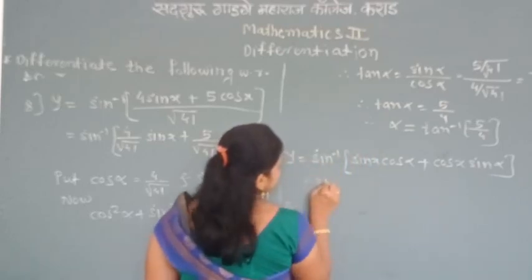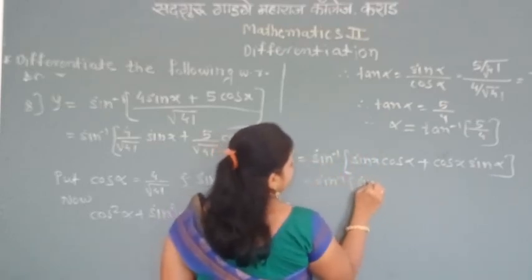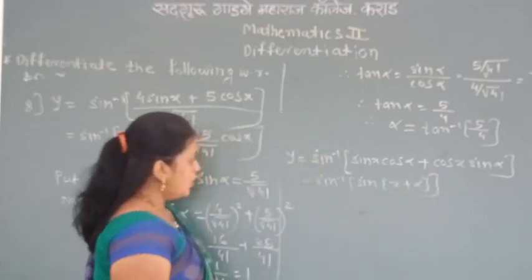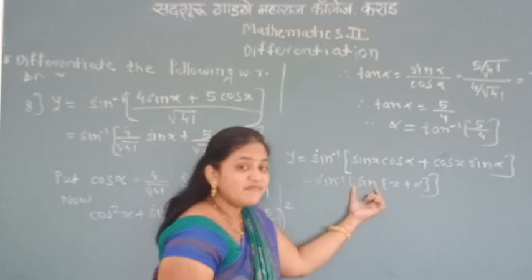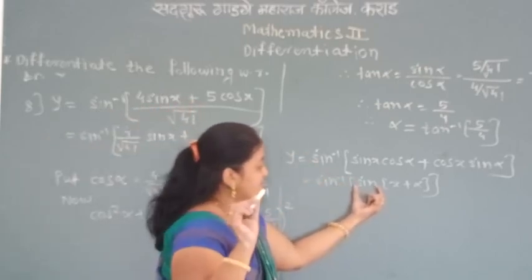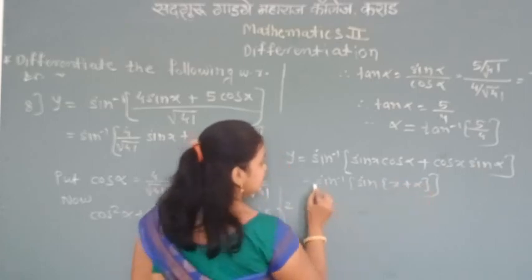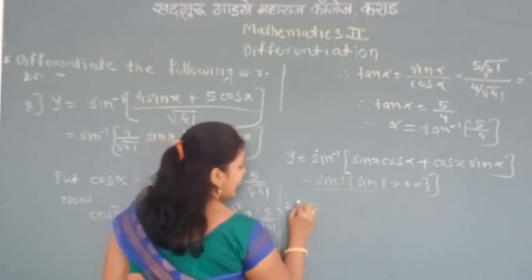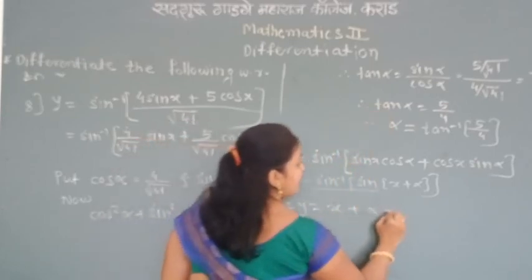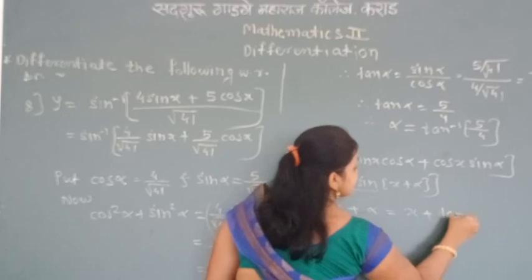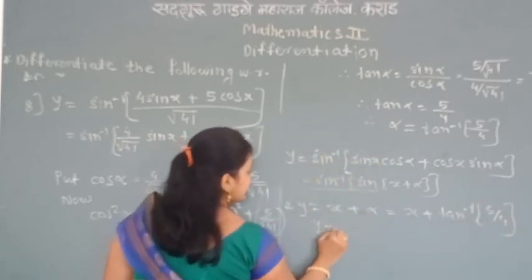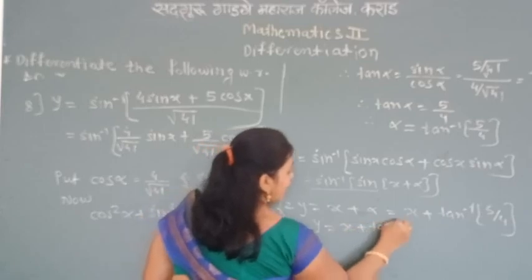So this implies sin inverse of sin (A plus B). So it is easy to convert in terms of sin. This term we can convert into sin by using the formula of sin (A plus B). Now this is the identity, so we can write only the angle, which is x plus alpha. What is the alpha term? The alpha term is tan inverse 5 upon 4. Now y is equal to x plus tan inverse 5 upon 4.